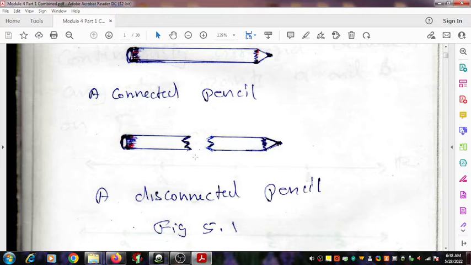If we call the whole thing X, then X is equal to A union B. Moreover, since there is no point shared by the two sections A and B, A intersection B is a null set. This kind of explanation can be used to define the disconnectedness of a topological space.